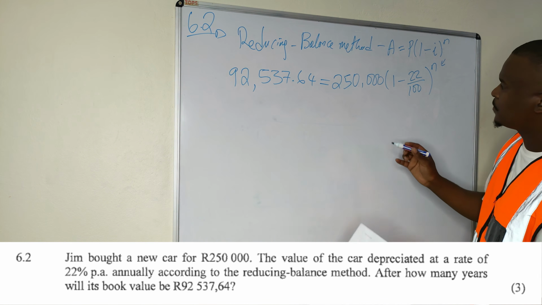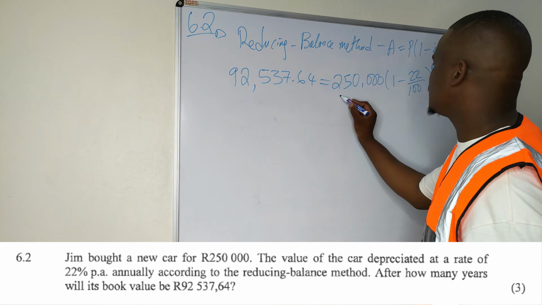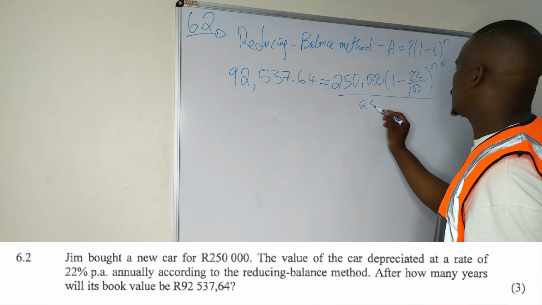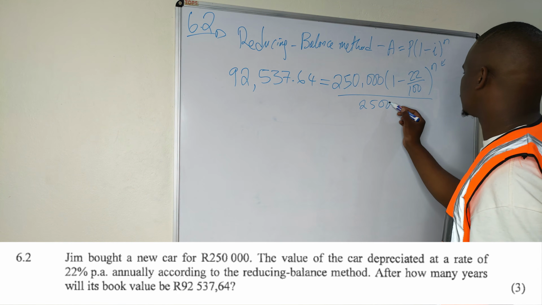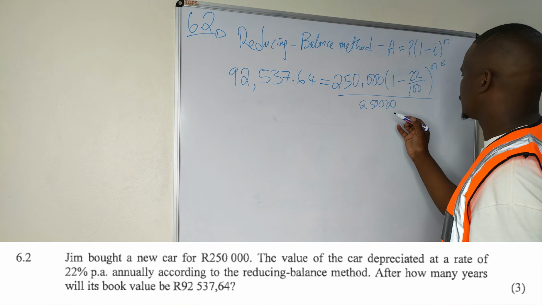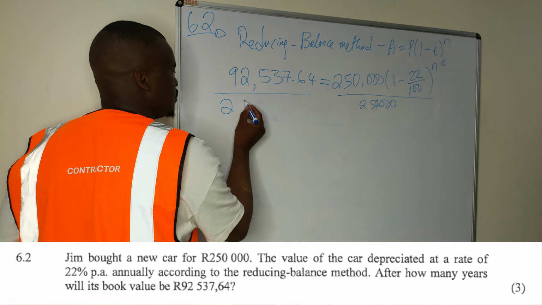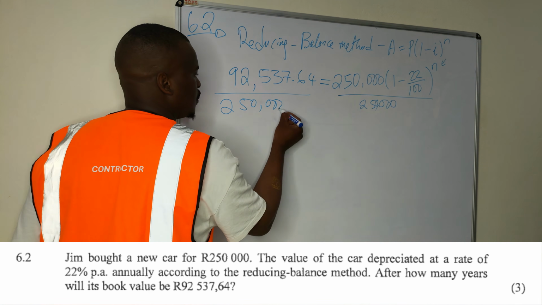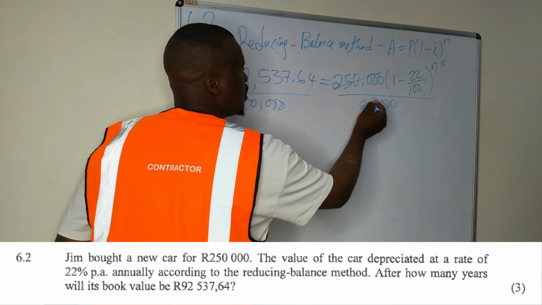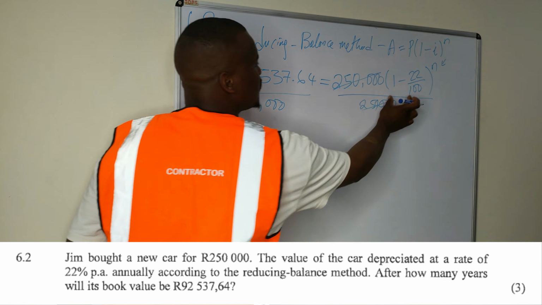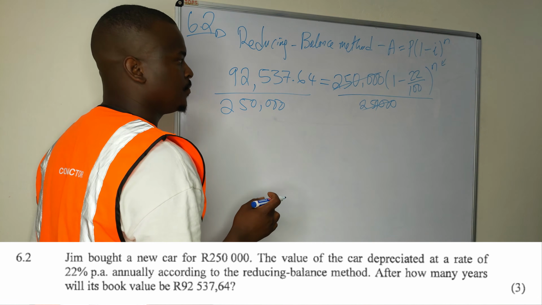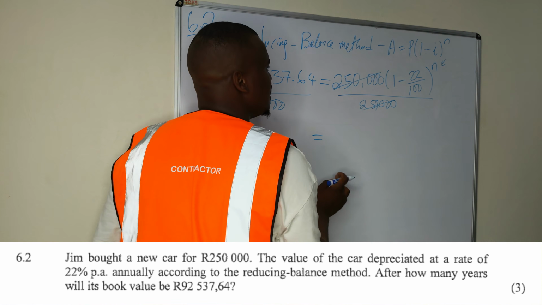What we do first is divide both sides by 250,000. So this one is gone on this side, and we're left with what is inside here.